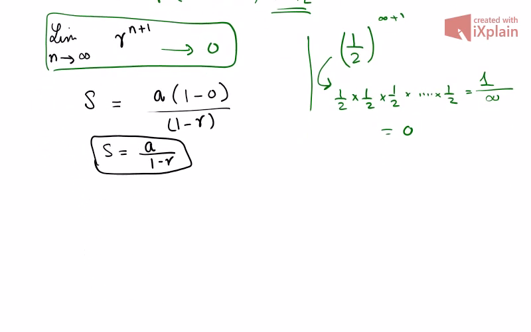We can say that the summation from n equals 0 to infinity of a r raised to the power n, or let me use k as the index, the summation of a r raised to the power k, is actually equal to a over 1 minus r.